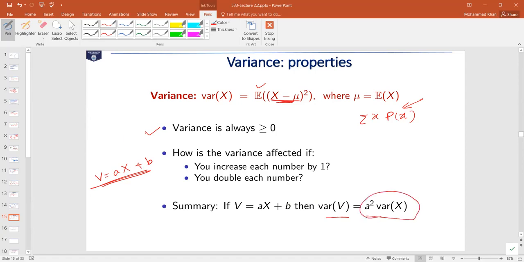If we add a value to all the values of X, they are not really changing the shape of the distribution. That's why we do not have b in the variance. But if we multiply, they are changing the shape of the distribution, and the variance is changed by the square of this amount.